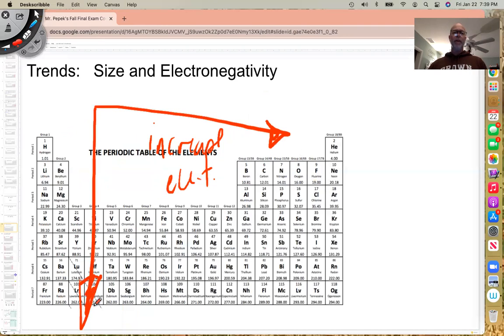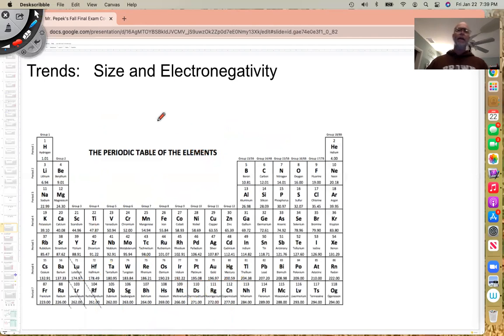And as you move down the periodic table, the atoms get much bigger, and it's much more difficult for atoms to hold on to electrons. Okay, so the electronegativity decreases as you go down the periodic table. So that's what we'll be working on today, different trends. So let's give it a shot.